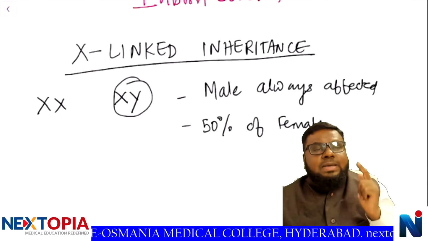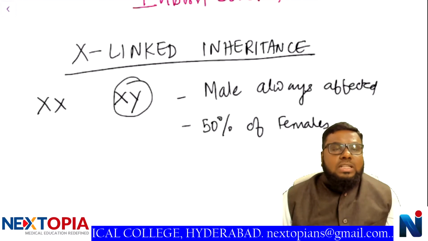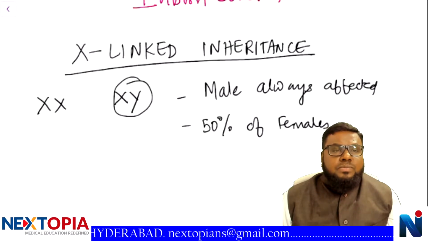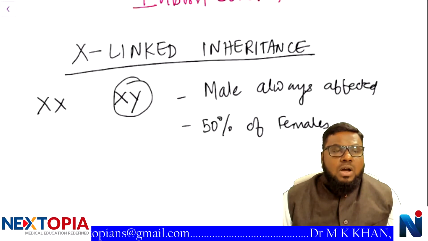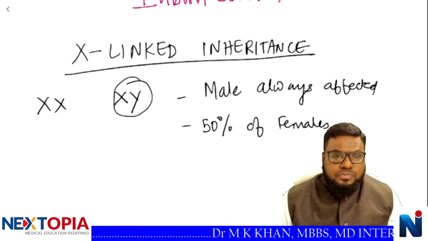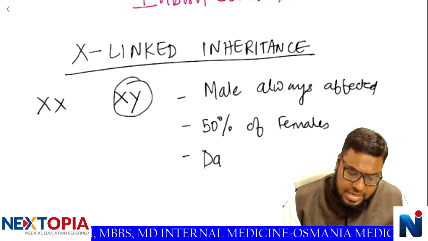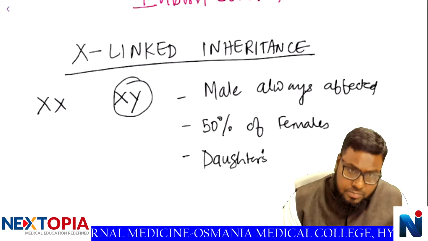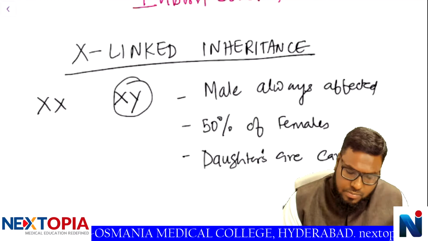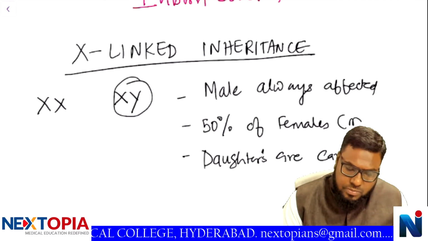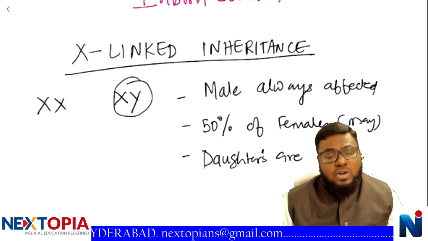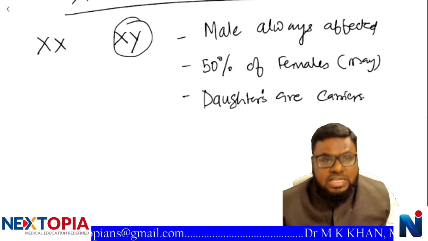All the daughters are carriers. It may affect a female, and if at all it affects, there is a 50% chance.